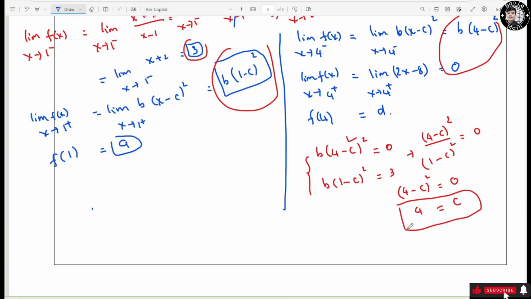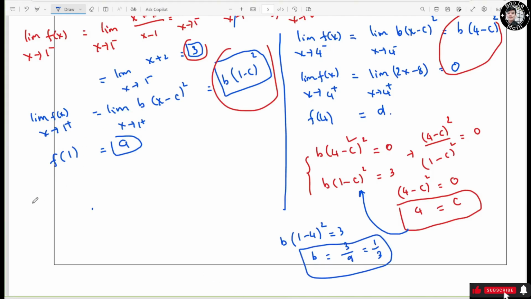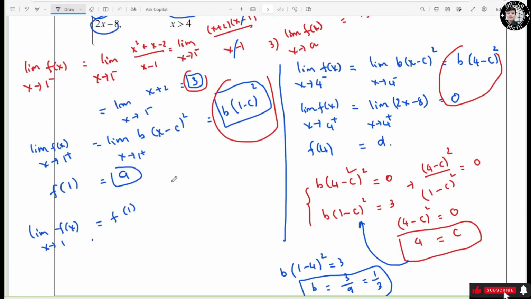Now c equals 4, I substitute back over here to solve for b. So I have b times 1 minus 4 squared equals 3. So b equals 3 over 9. It's going to be 1/3. Now we know that the limit of the function f of s when s approaches 1 equals f of 1 in order for the function to be continuous.